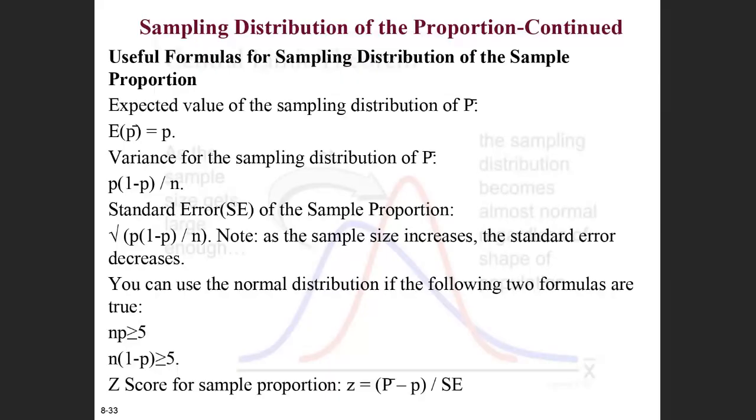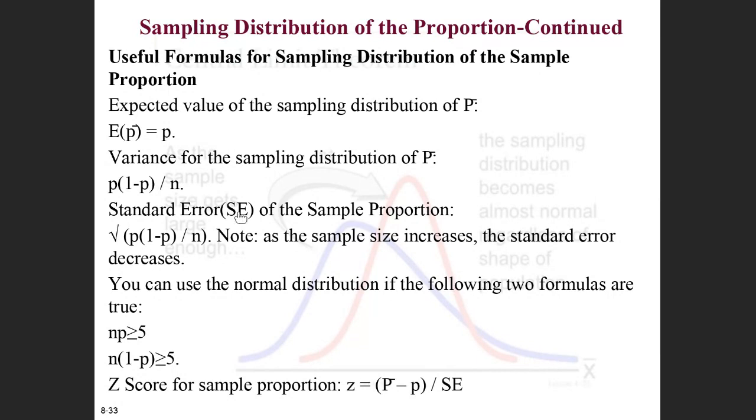Okay, so just basically repeating what was in the video. The useful formulas for the sampling distribution of the sample proportion: the expected value of the sampling distribution of p hat is the expectation of p hat equals p. The variance, as described in the video, is p times 1 minus p divided by n.